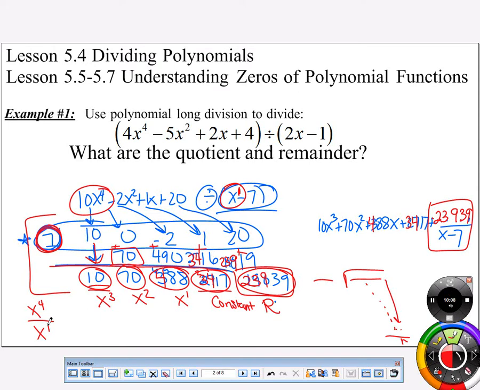Remember, your answer has to be, what would I multiply by this divisor to get this polynomial back? So if this has an x in it, my answer can't have an x to the fourth in it, because if I took that x to the fourth and multiplied it back by that x, I would get x to the fifth, and that's more than what I have here. So my answer should always be 1 degree less than the one I started with if I'm dividing by something with first degree, which is all I'll be doing with synthetic division.